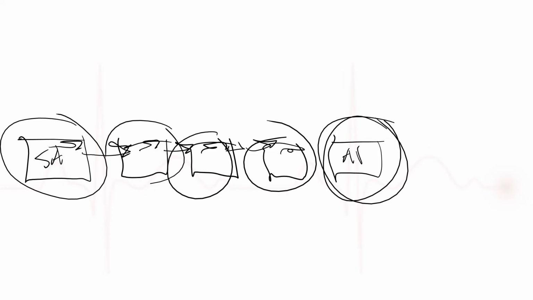So the SA node fiber generated its own action potential. The action potential started propagating down the SA node fiber into the atrial contractile fibers. And now it's propagating throughout all of the atrial contractile fibers while the AV node fiber is still trying to get to threshold on its own. It still hasn't gotten to threshold on its own.